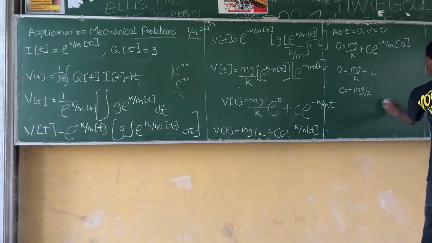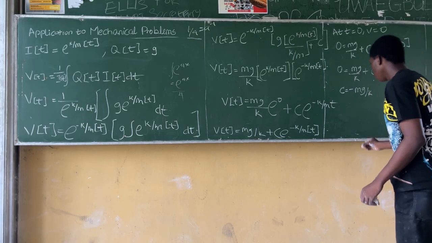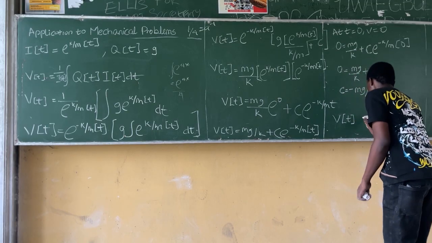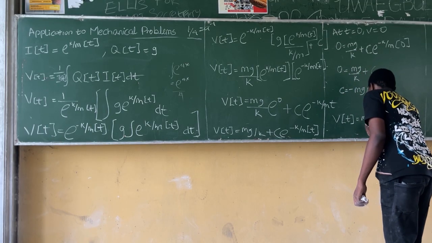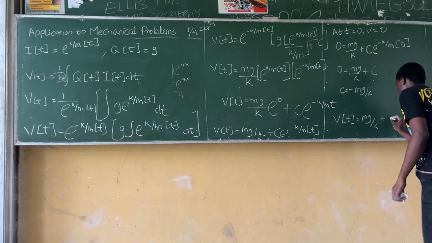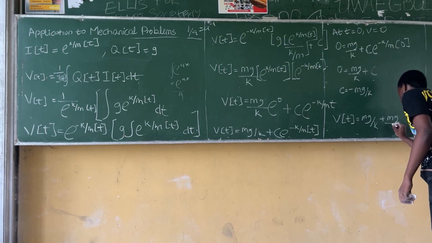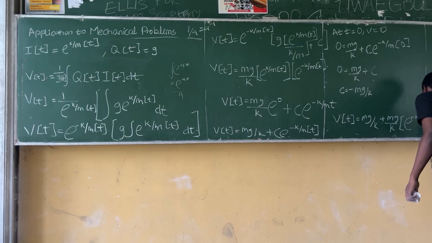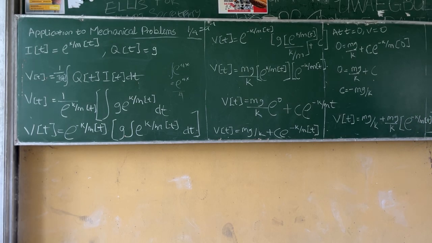So now the full equation for velocity will be v of t is equal to mg over k plus mg over k e to the minus k over m t. So that is the full picture for this equation. You can choose to take out this mg divided by k out of the whole equation.